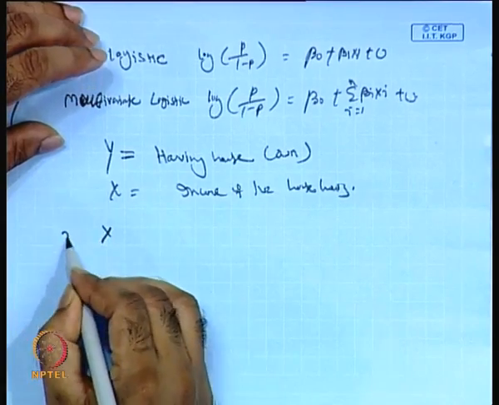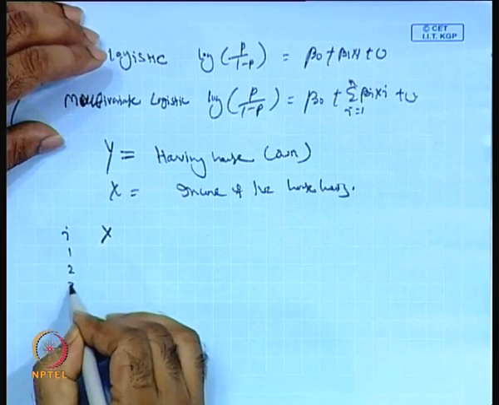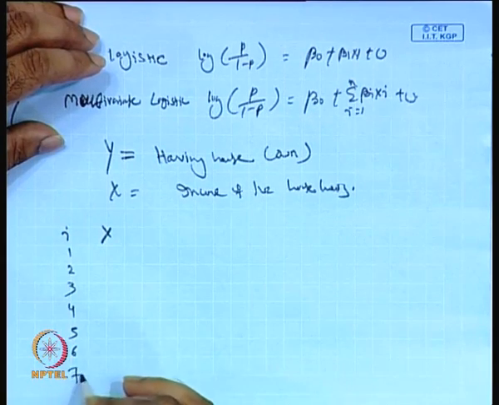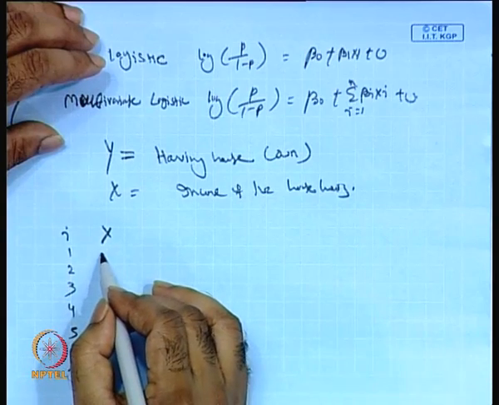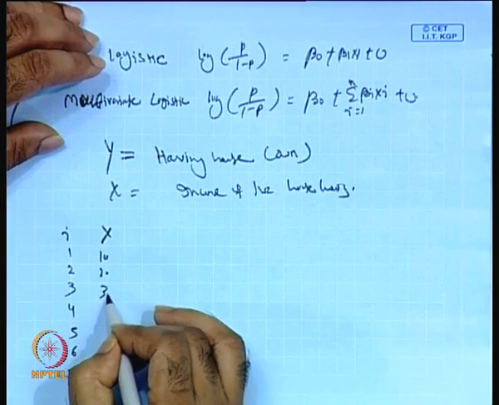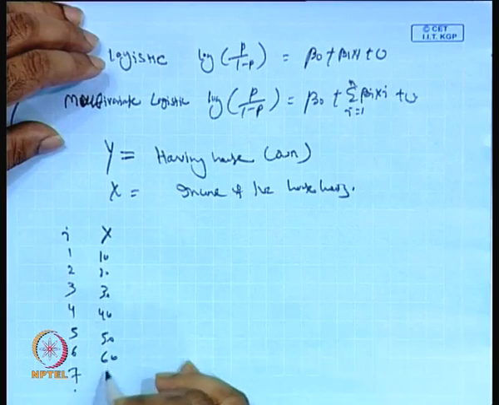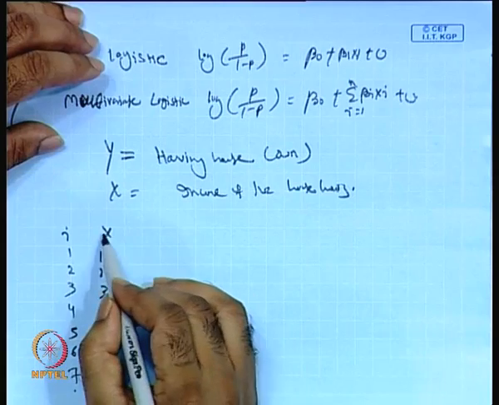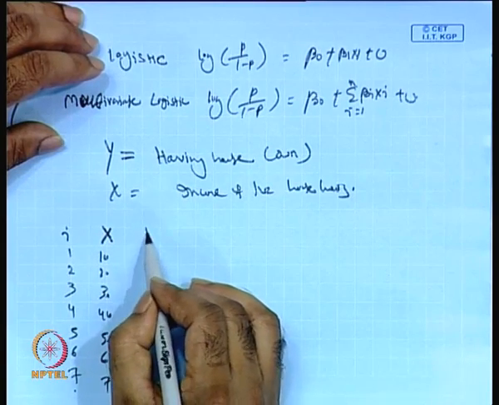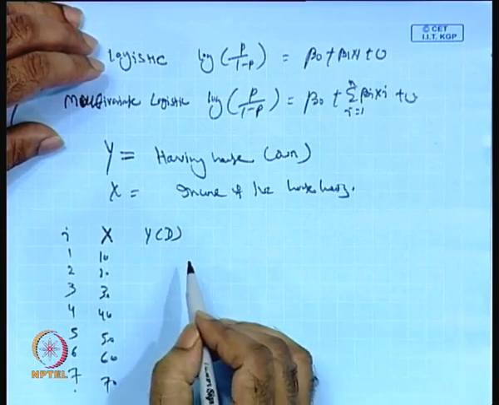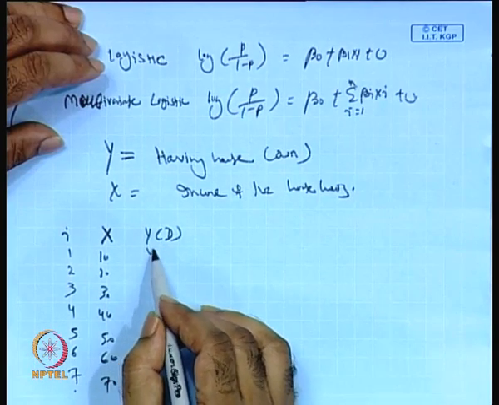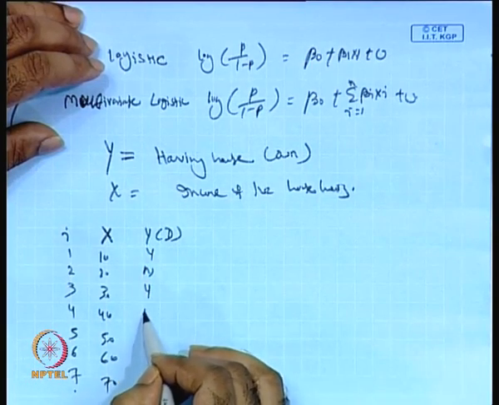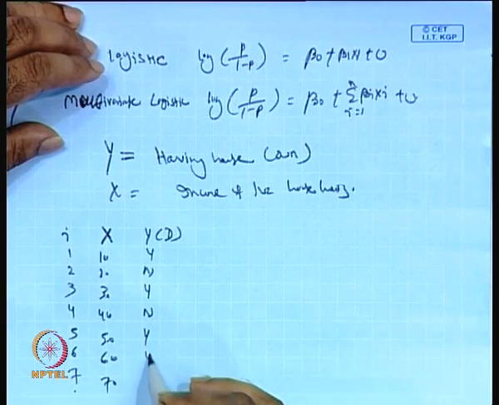For instance, what we have done in the case of binary choice models. We have sample observations 1, 2, 3, 4, 5, 6, 7, and income levels say 10, 20, 30, 40, 50, 60, 70. Then we have y, which is a dummy with yes, no situations.